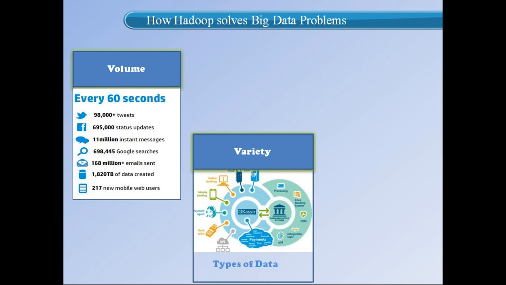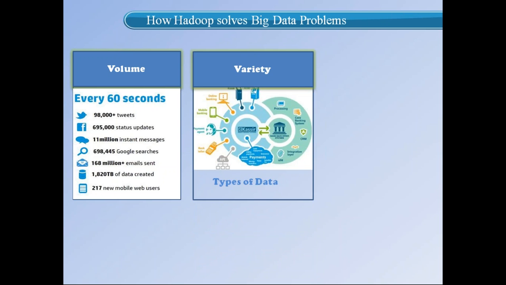Let's see the second thing, variety. Variety means types of data. As image format, it may be videos, it may be audios. These are types, and sometimes from corporate data we get CSV files, Excel files, doc files, PPTs.